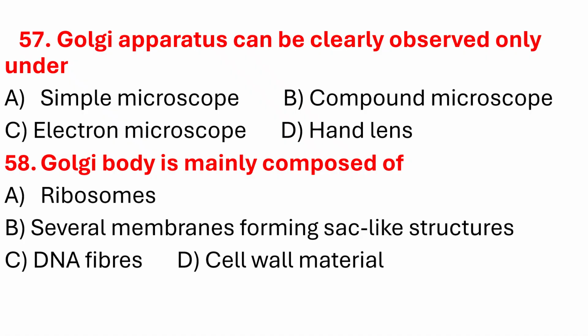Golgi apparatus can be clearly observed only under simple microscope, compound microscope, hand lens, electron microscope. Golgi body is mainly composed of several membrane forming sac-like structures. Option B.